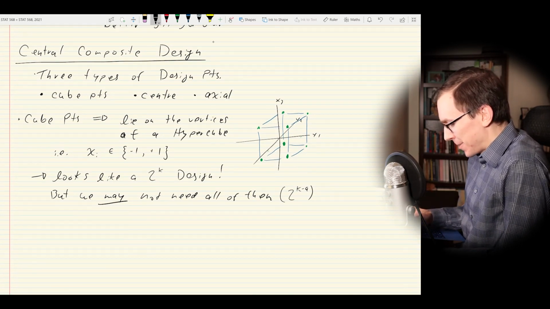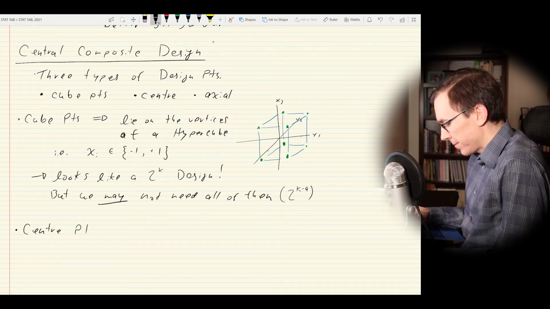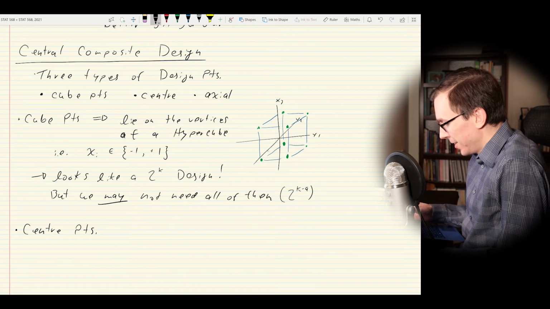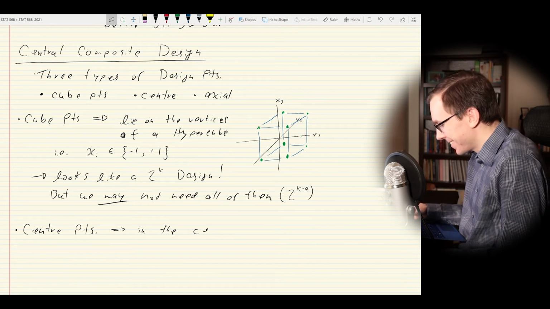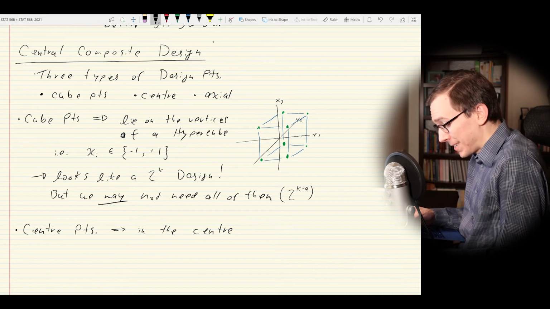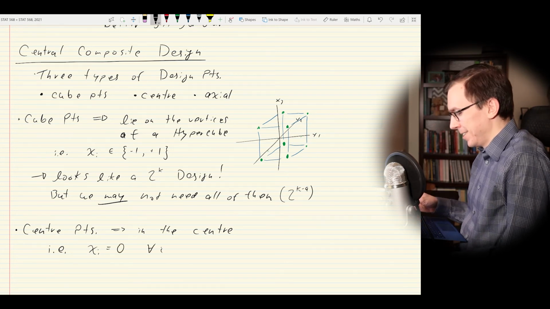All right, so then we have the center points. And these are going to be, well, in the center, right? These are perhaps the most boring points, but they still serve a valuable purpose, which is xi is equal to 0 for all i.